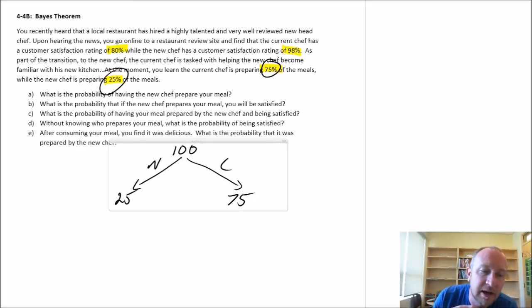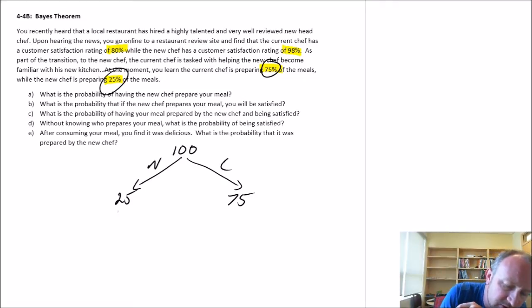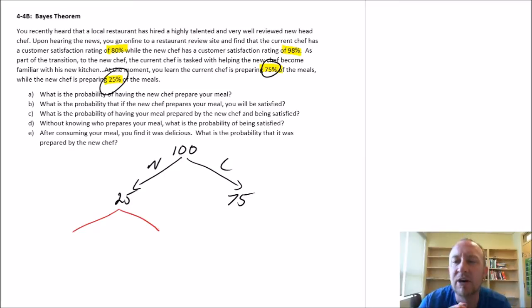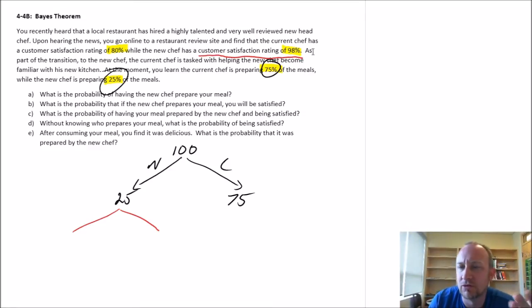Now let's split it up by quality. Is it good or is it bad? Is it satisfactory or is it not? So for the new chef, who's producing 25 meals, how many of those are likely to be satisfactory? If they have a customer satisfaction rating of 98%, then let's assume that 98% of those 25 meals are going to be considered good.